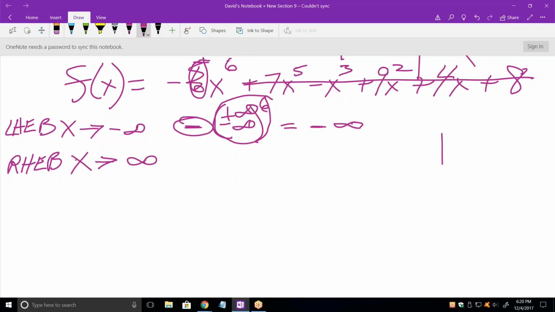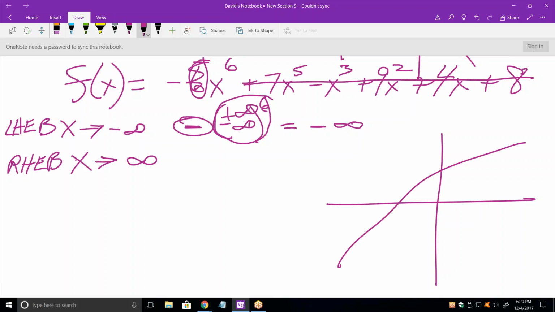In other words, you have a graph that's like this. Notice that as I'm going in this direction towards negative infinity on the x-axis, my y value is heading towards that direction, negative infinity. That's what end behavior means. It's what does y go to as x goes to.